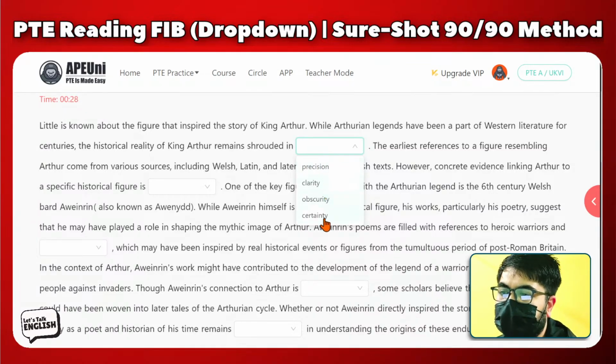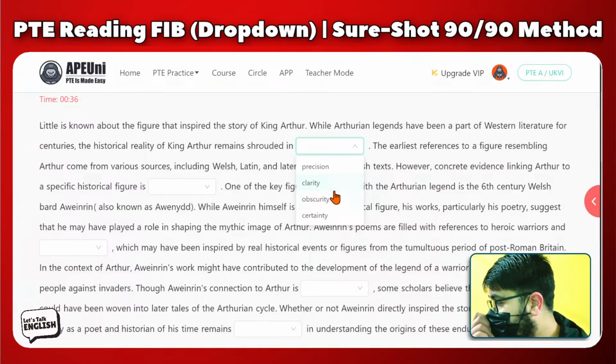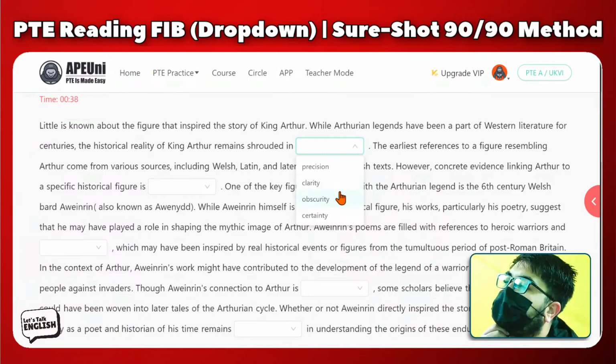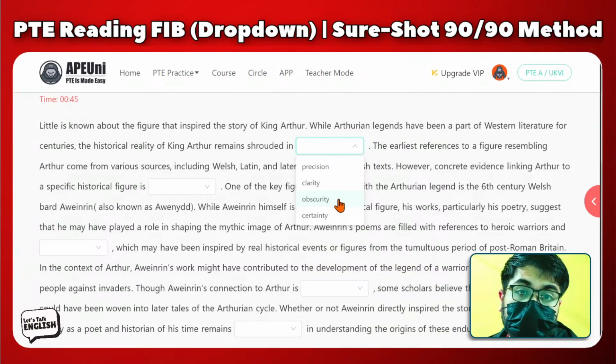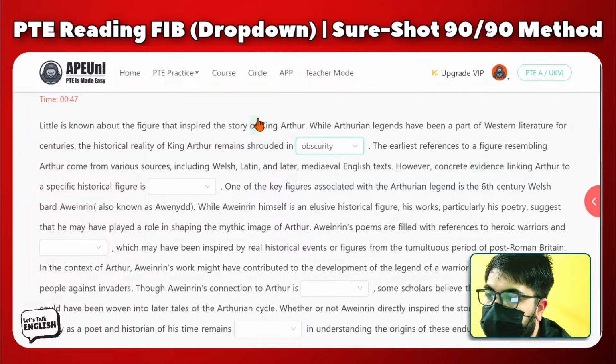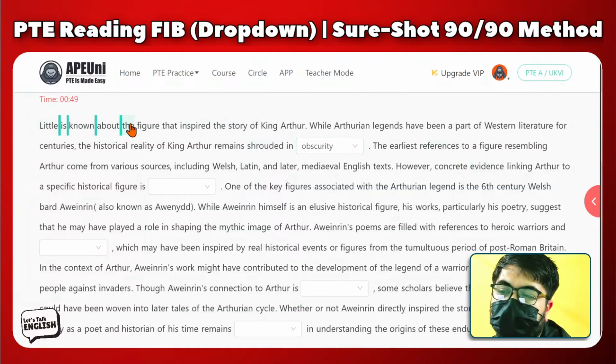So it cannot be clarity, it cannot be precision, it cannot be certainty. I don't know exactly the meaning of obscurity, but it somehow relates to mystery. When things are not clear, they are rare, right? So I would choose obscurity because little is known about the figure.